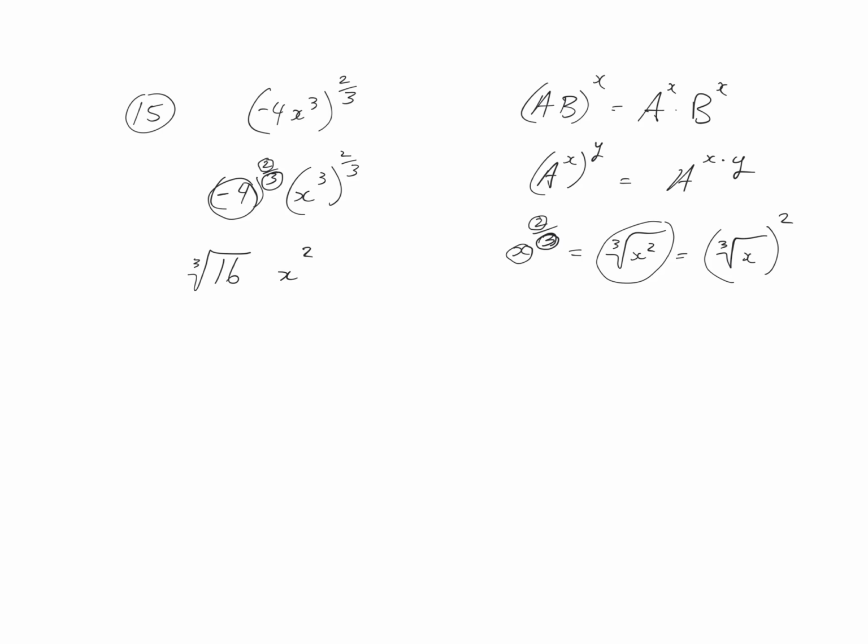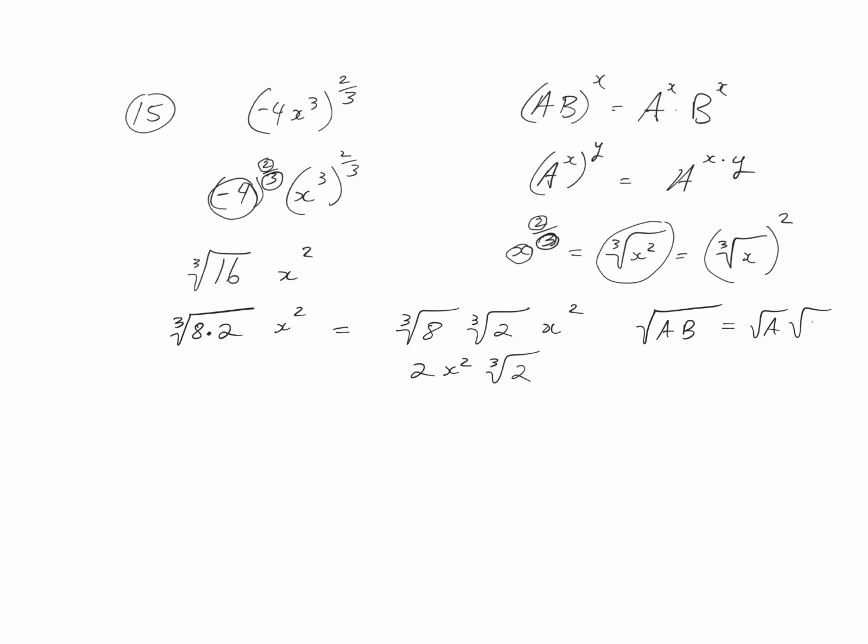However, we can continue and go cubic root of 8 times 2 for the 16 x squared, and that will become the cubic root of 8, the cubic root of 2 times x squared, and this is 2x squared cubic root of 2, remembering, of course, this rule that the square root of a times b is equal to the square root of a times the square root of b, but it could also be the cubic root of ab is the cubic root of a times the cubic root of b.